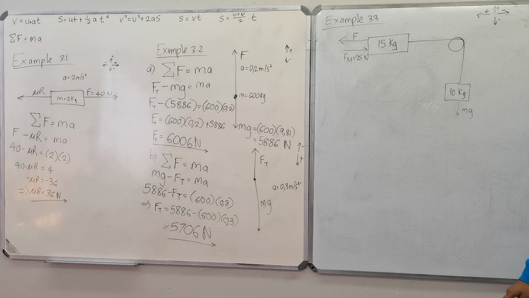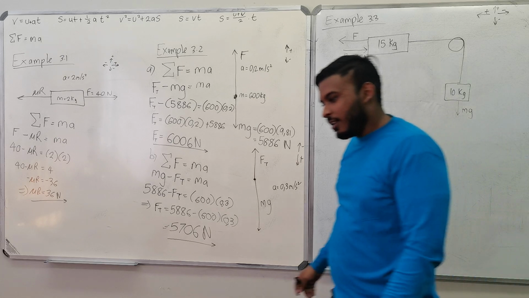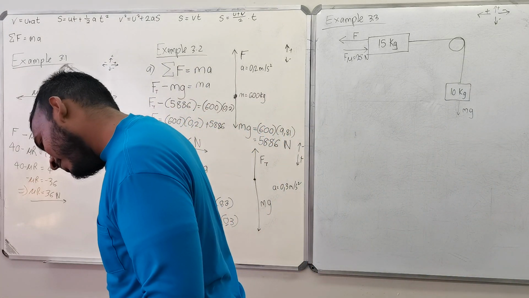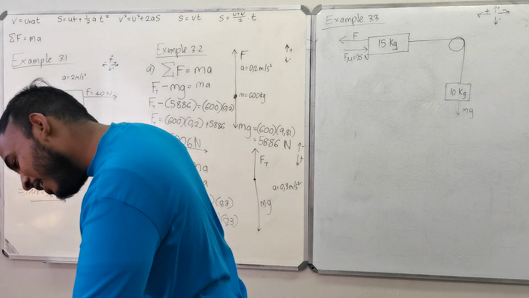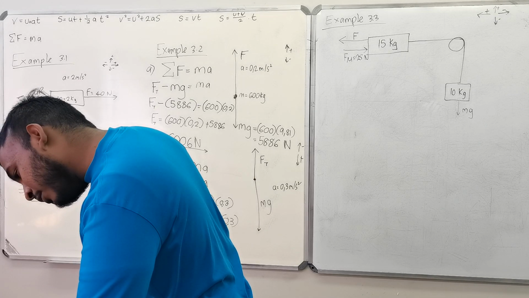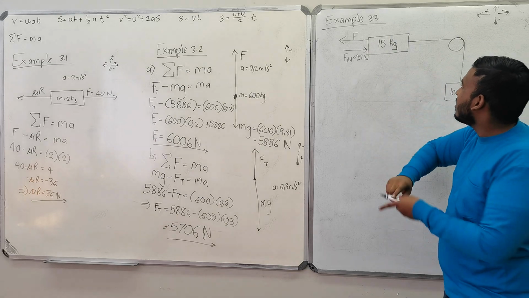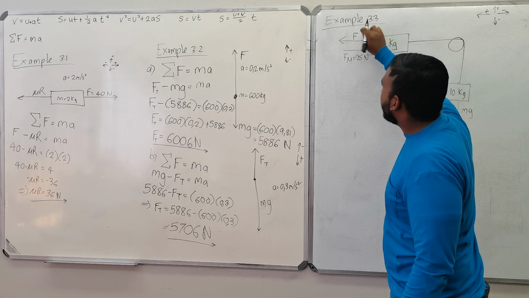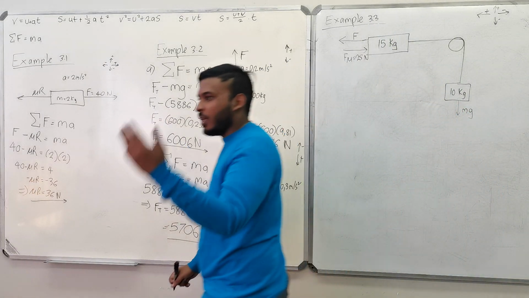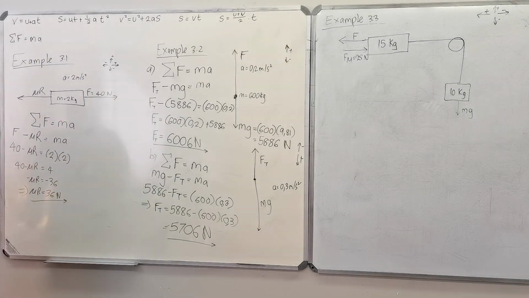Clear? Okay. What was the question? Calculate the magnitude of the force F required. So they want to know the F. How would we do that? Well, they also gave you the acceleration of 0.8 meters per second squared.